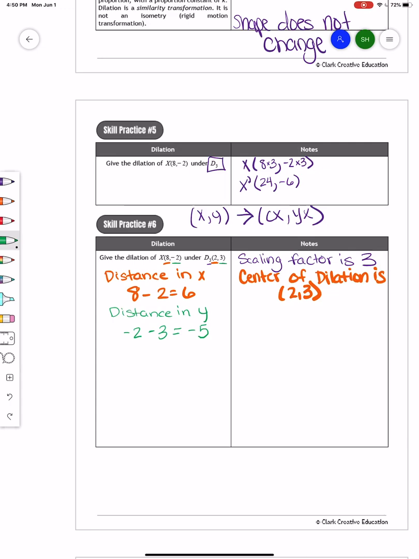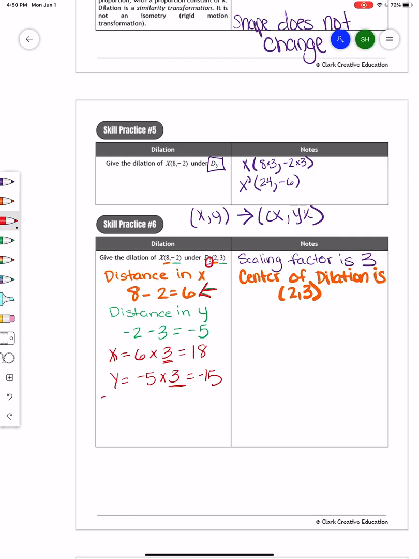So start here, right? We have 6. So x equals 6 times 3. Y equals -5 times 3. We are multiplying by 3 because that is our dilation factor. So you end up with 18 and -15.